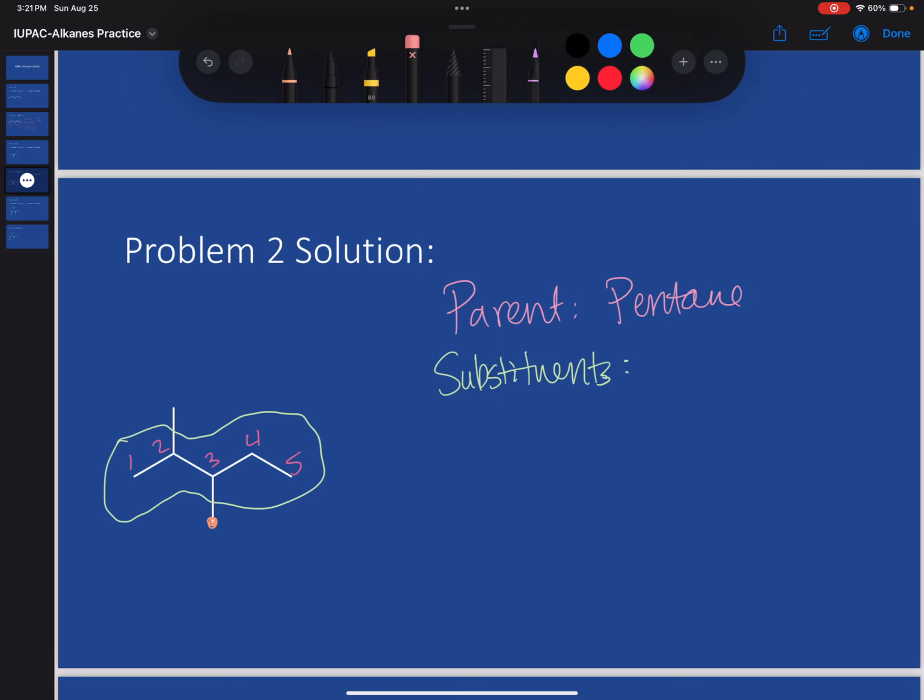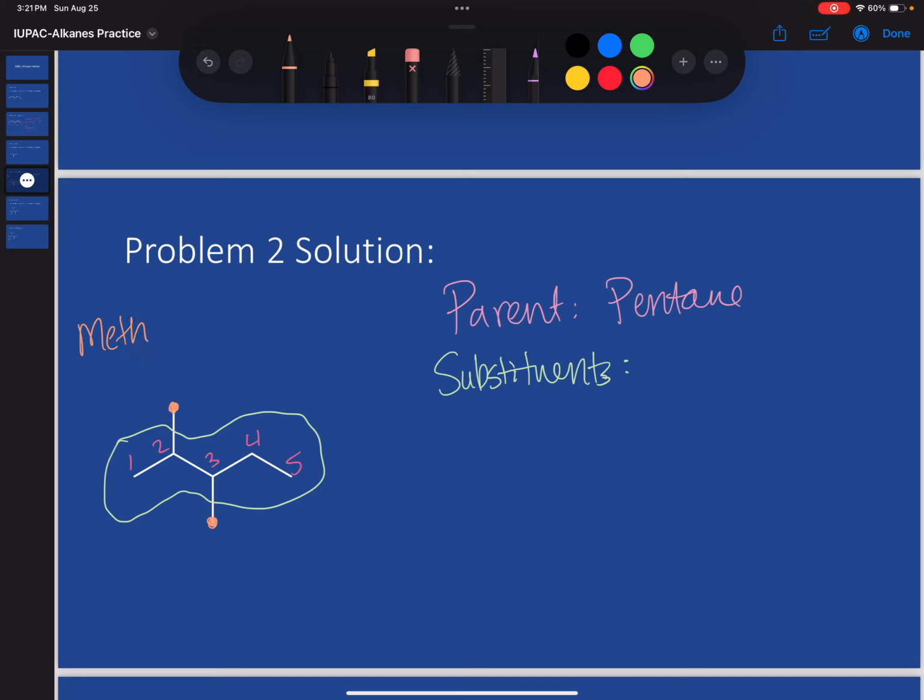So let's identify what our groups are. These both have the same number of carbons coming off of them, so they're going to have the same name. They're going to have 1 carbon. We do not count this carbon because we already did in our parent name, so don't double count. If I have 1 carbon, I know that the prefix for that is going to be meth.